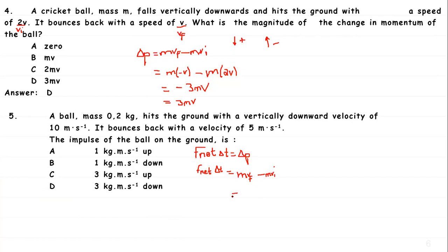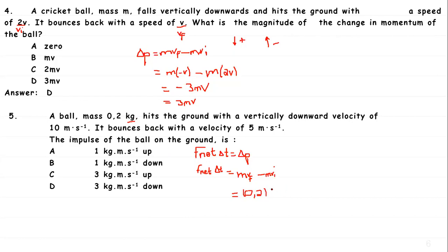And I'm just going to work with this side. Why? Because this definitely represents my impulse. Then the mass, it's already in kilograms, so I will substitute it as 0.2 kilograms, no direction.